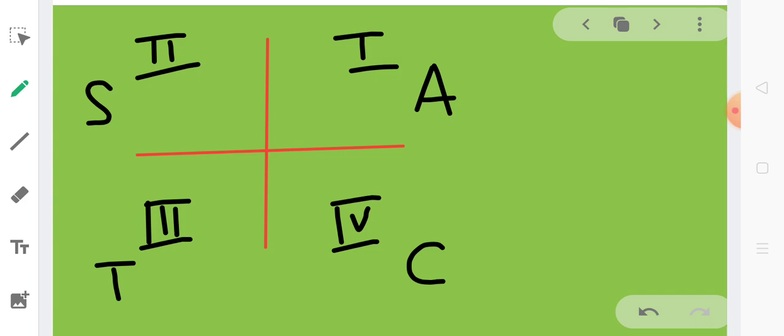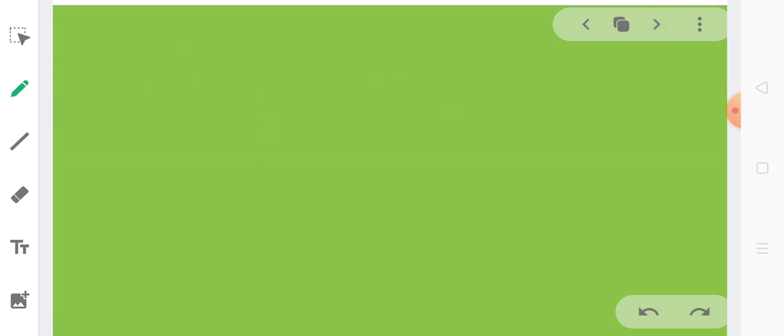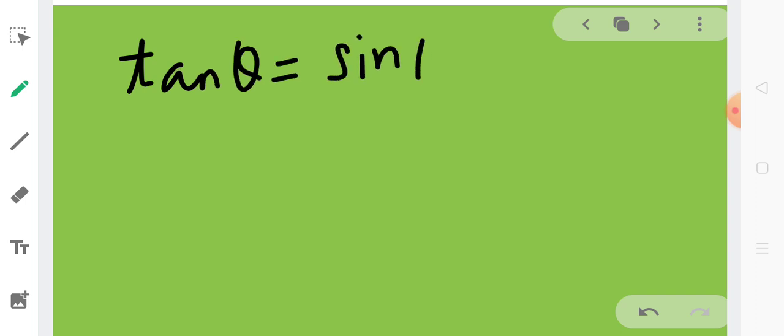Now I will be writing down some common trigonometrical relations that you might all be well aware of. So just now I wrote down tan theta is equal to sine theta by cos theta.